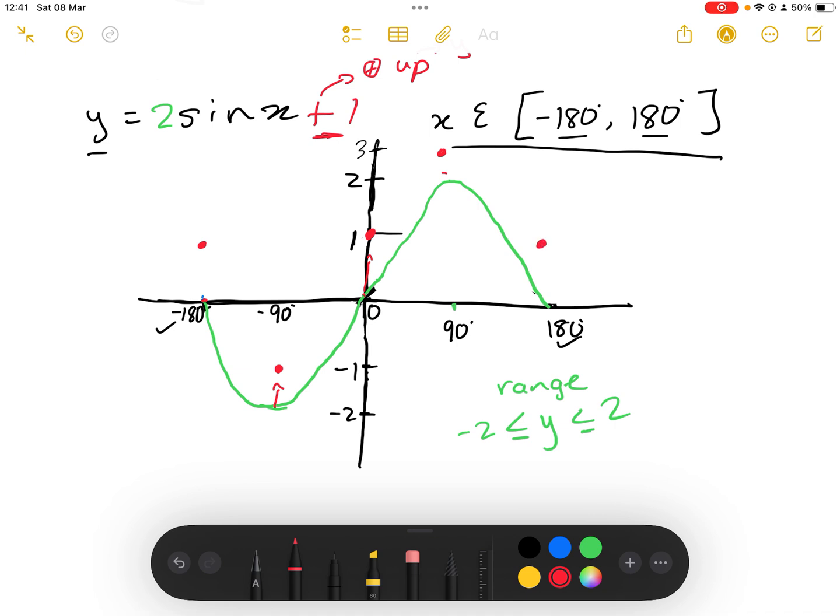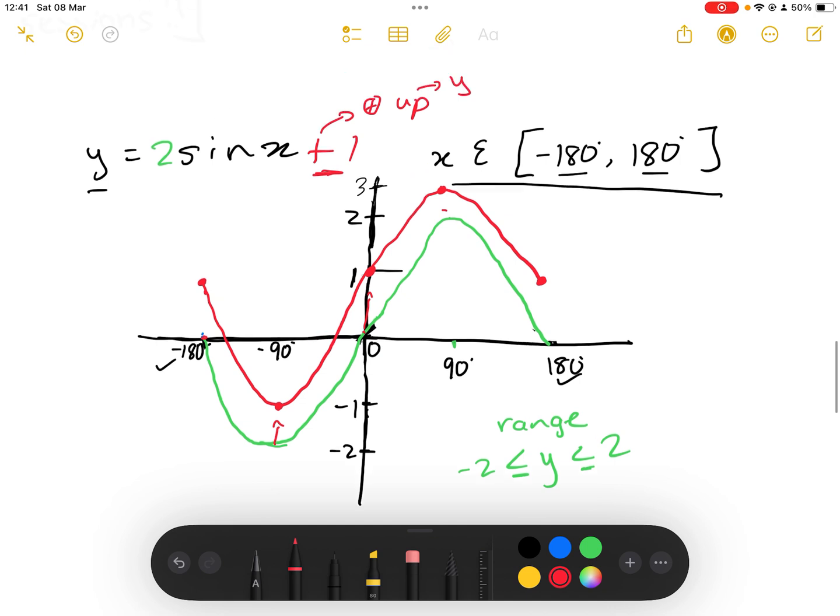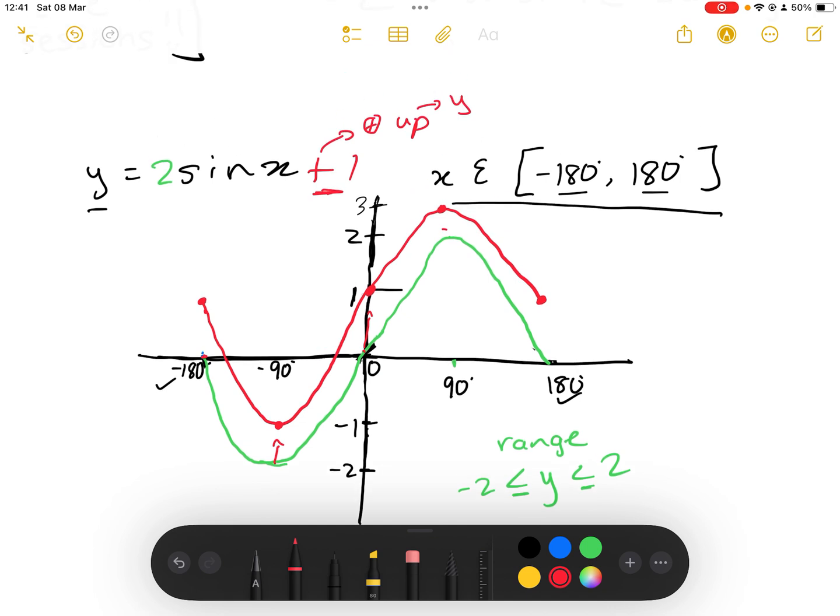So that means here's your new graph. This is the one where I've added the plus 1. The graph has been shifted upwards. All your points have shifted upwards.